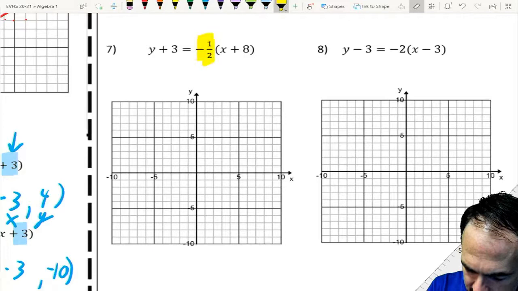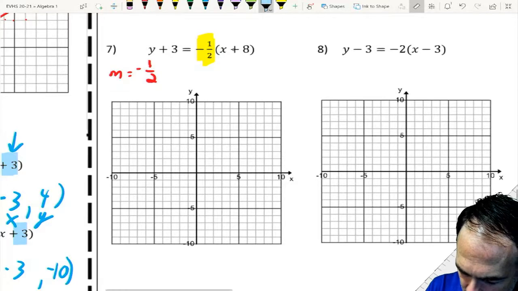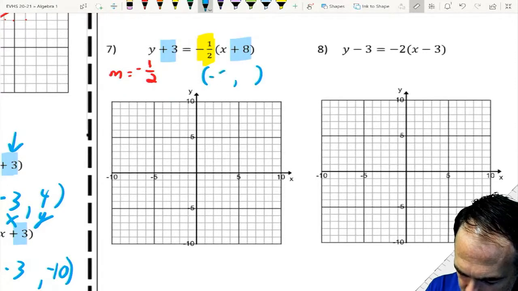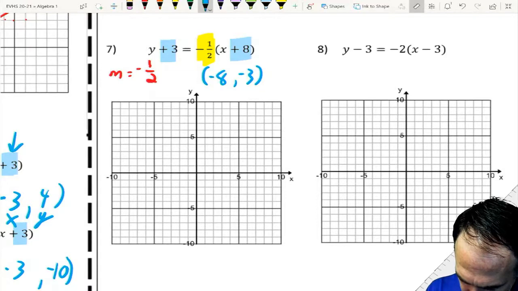Last two, same process. Slope here is -1/2. And then my point comes from the 8 and the 3. Again, switch those signs. The x goes first, the y goes second. Those are both negative now, -8, -3. So now I go over to -8, -1, 2, 3.